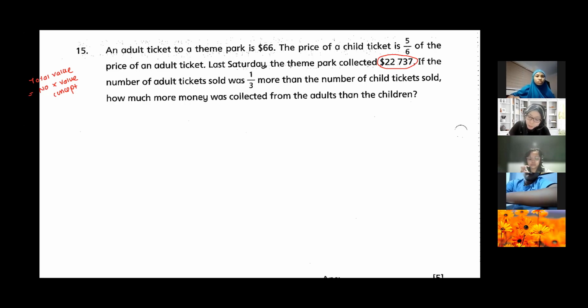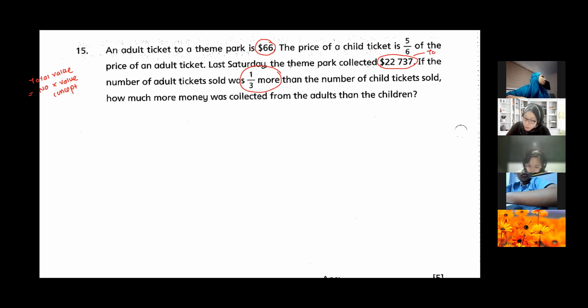And then I know that I can find the number, or the number represented by the units, from here. This portion here, which tells us the $66, is also the value of the ticket for the adult. This is the total value.